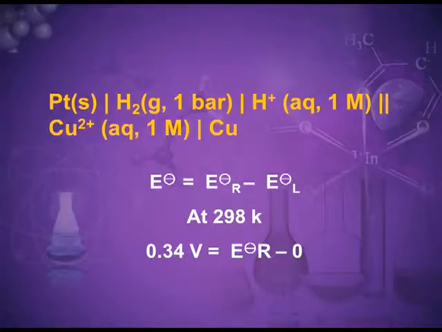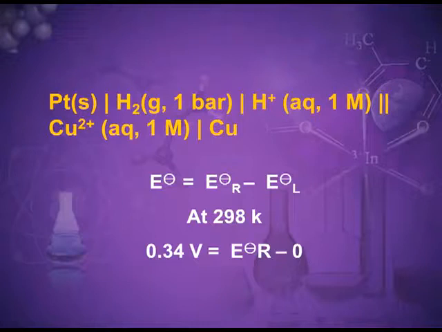In the given example, you can see that the copper half cell is connected with the hydrogen electrode. As you can see from the representation of the cell, the standard hydrogen electrode is acting as anode because it is written on the left hand side of the parallel lines. The copper half cell is written on the right hand side of the parallel lines.